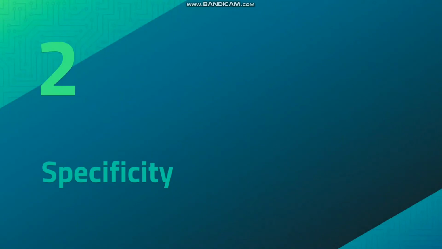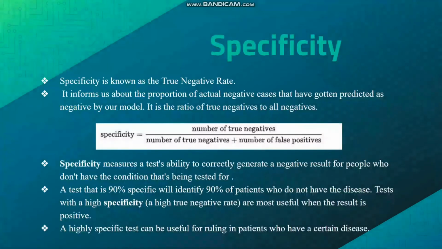Second is specificity. Specificity is also known as true negative rate. It informs us about the proportion of actual negative cases that have gotten predicted as negative. It is the ratio of true negatives to all negatives. The formula for specificity is the number of true negatives divided by number of true negatives plus false positives.